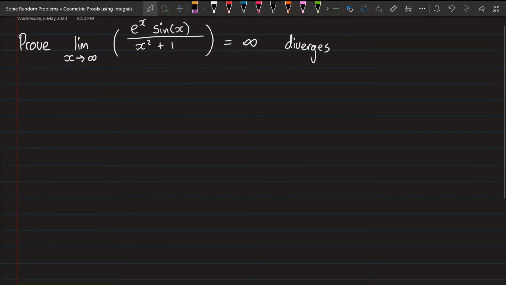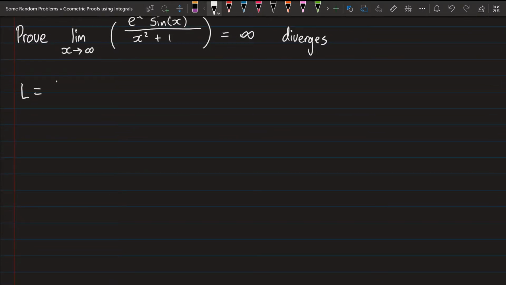L is equal to the limit as x tends to infinity of e to the x sine of x all divided by x squared plus 1. We know that the exponential function increases very, very fast, so we get an idea that yes, it is going to diverge. But let's plug in our values first.